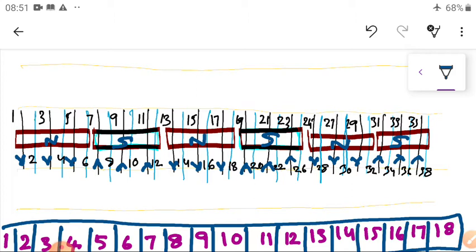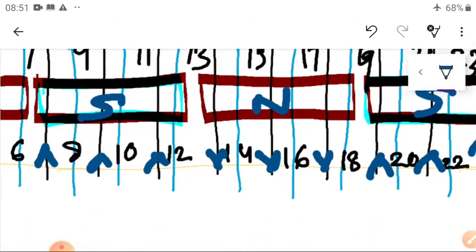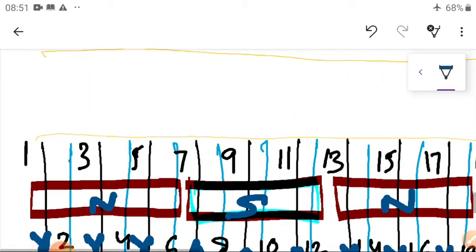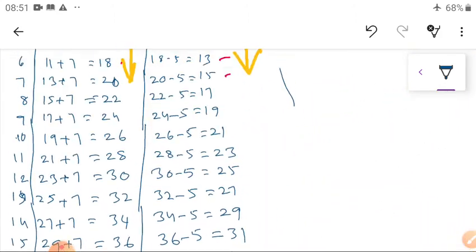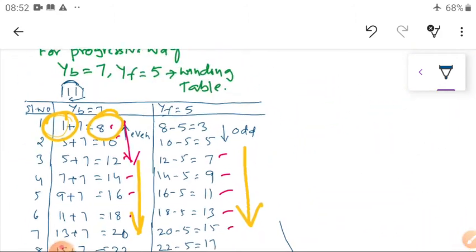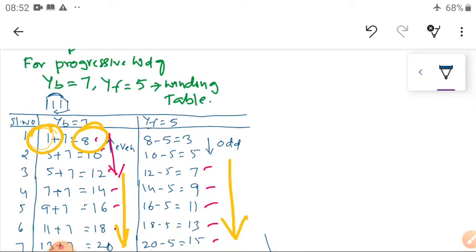Okay, now after that, as per the winding table, just connect it. So the first conductor, once again I am writing clearly here. Don't get confused, this is the winding table. As per the winding table we are going to connect it.